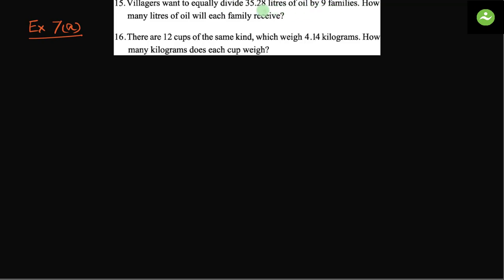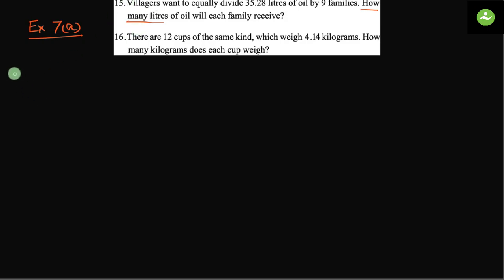That means you divide this 35.28 by 9 and you get how many liters? The answer, how many liters? So always look for this quantity which we have to find out. What is the unit? Here the unit is liter.